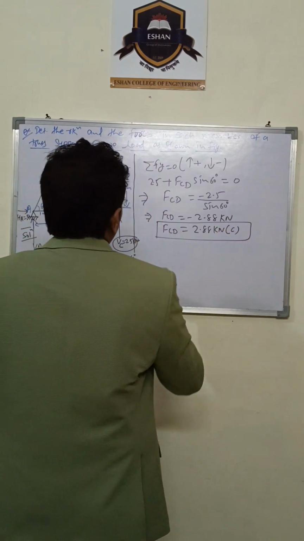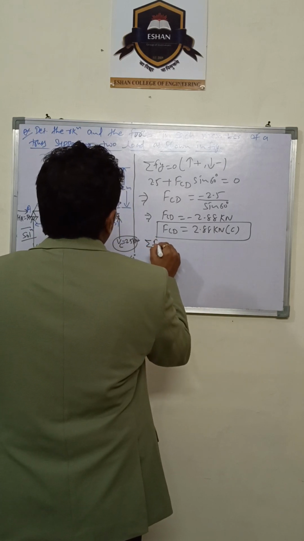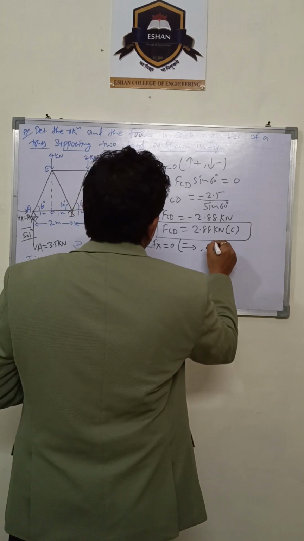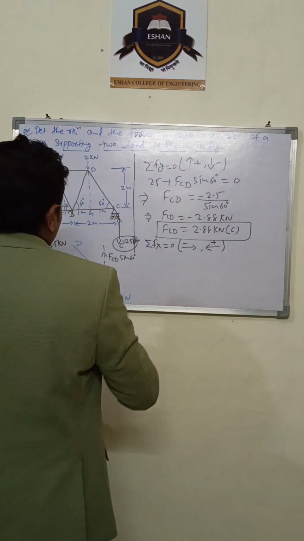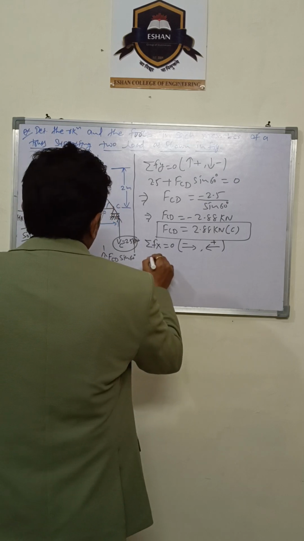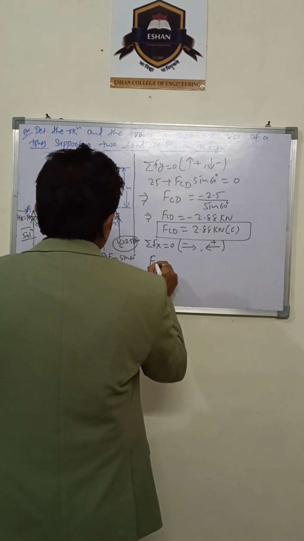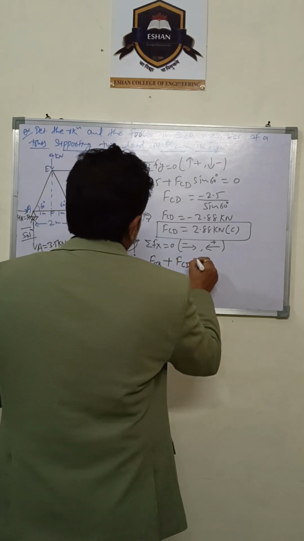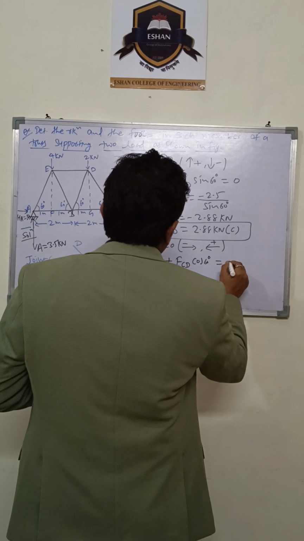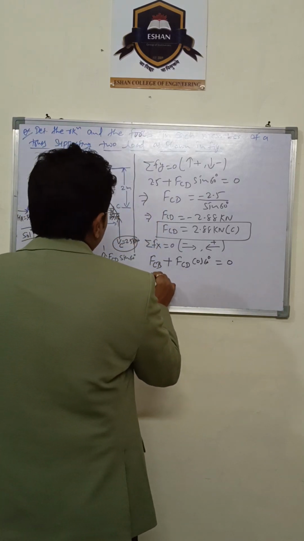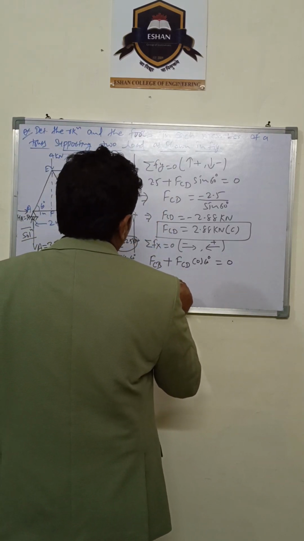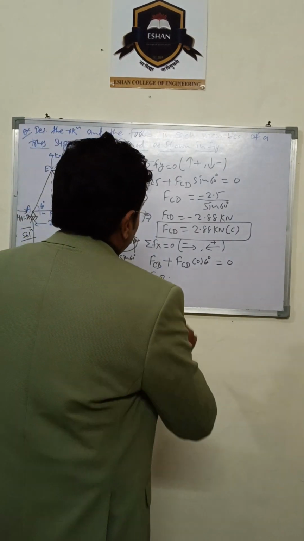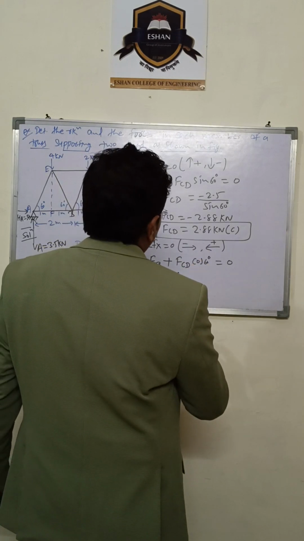Now take the next equilibrium condition. Summation of Fx equal to 0, left to right negative and right to left positive. So now consider left to right, that means positive FCB plus FCD cos 60 degree equal to 0. FCB is the value we are finding, FCB plus FCD, we already have the value.